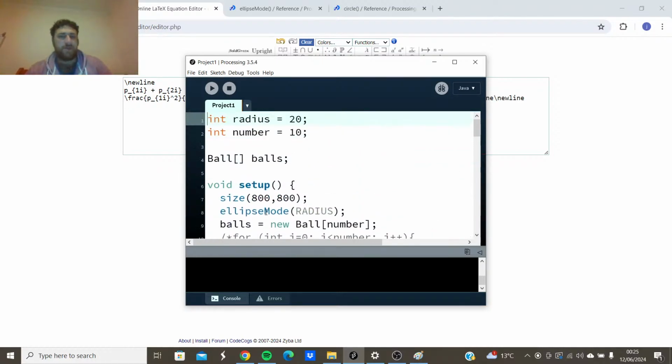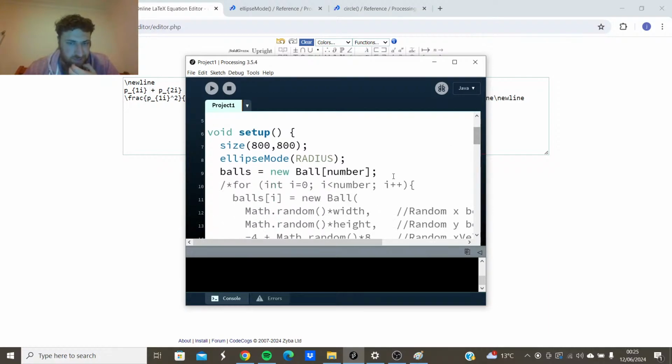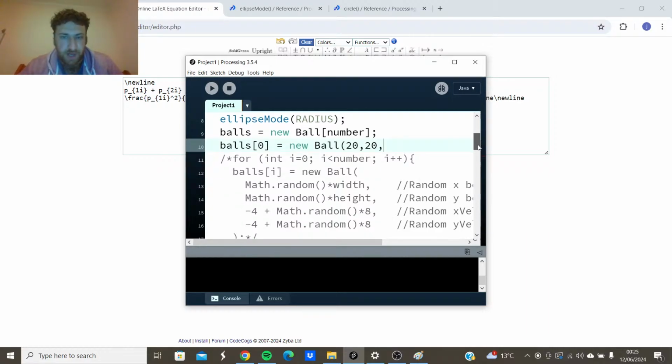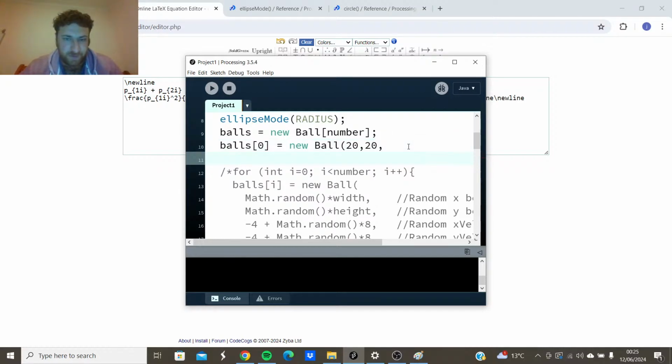So for the time being, we're going to change the number of balls from 10 to 2. We're going to have two balls, ball 1 and ball 2. So we're going to say balls 0 equals new ball. We're going to have it at 20, 20, and we're going to move to the right with some random velocity, math.random. We'll keep the random velocities from before.